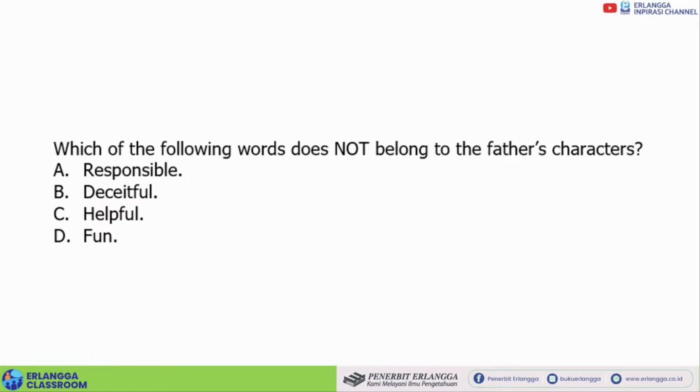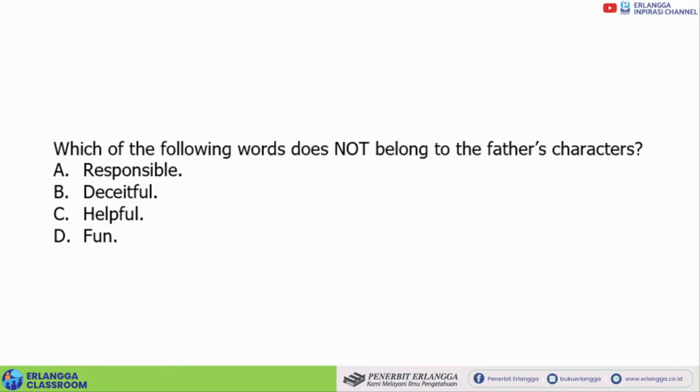Ya, does not belong to the father's characters. Yang tidak termasuk dalam sifat bapaknya itu yang mana? Yang tidak termasuk ya, not. Okay, so responsible, deceitful, helpful, or fun, yang tidak termasuk gitu ya.